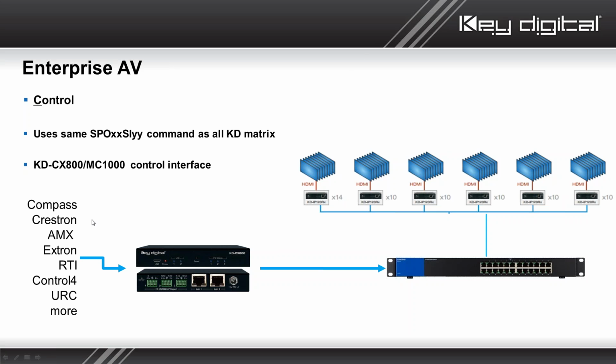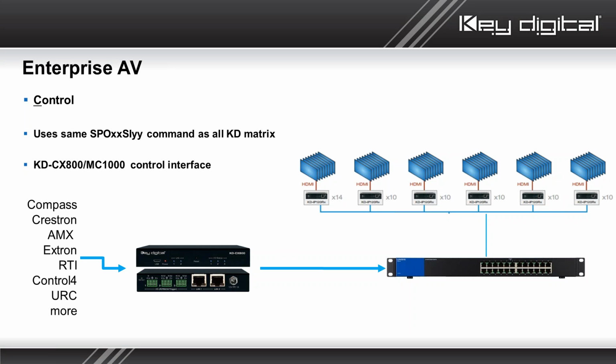But any control system can actually control the enterprise AV, and it just uses the same video matrix commands as our devices have always used. So if you've controlled a KeyDigital video matrix anytime in the past 9 years, we've been using this control protocol. And you probably have those drivers available already. Or let's say you have an existing system that you want to upgrade to digital, going video over IP.